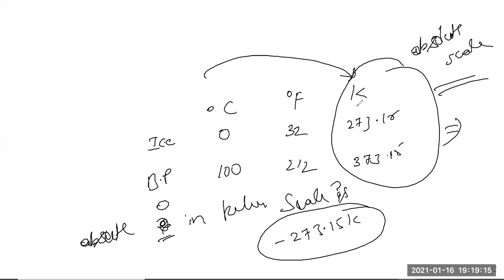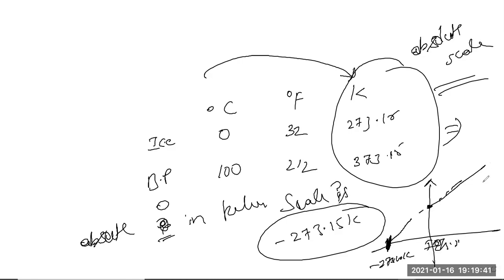I mean this is the zero of the Kelvin scale, like when you draw the temperature versus, so this is the temperature which is minus 273.15 Kelvin, and this is the ice point, which is 273.15, and this is the boiling point, 373.15.